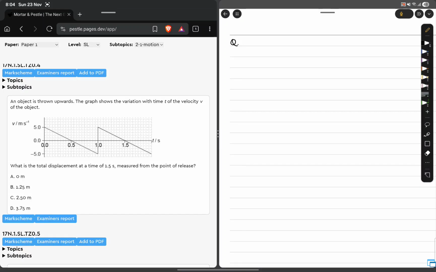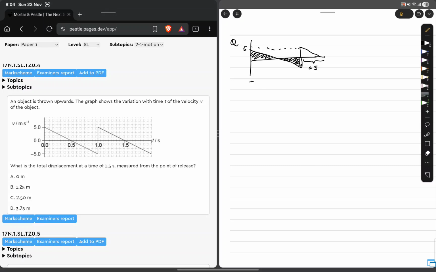Alright, so the next question, what we're going to do here is, how I like to think about it is, this is the graph. It goes like this, goes like this, and then it goes up back again, and then it goes like this. And then I'm not going to look at anything beyond that. This is equal to this triangle, so they cancel out. We are left with this triangle. And the top of it is 5. The base is 0.5. So what's the area?